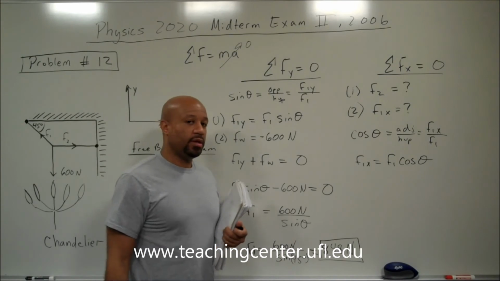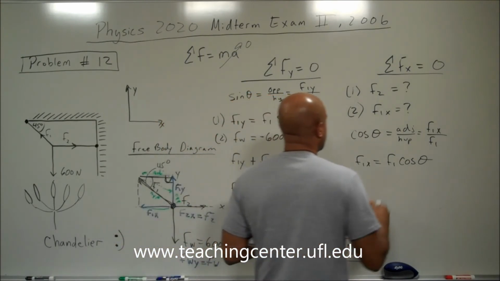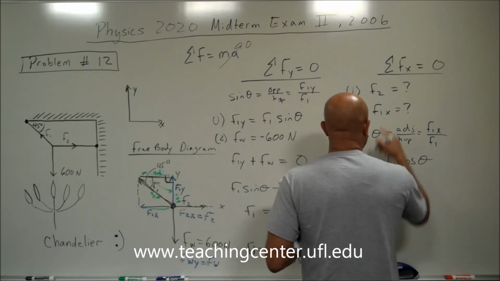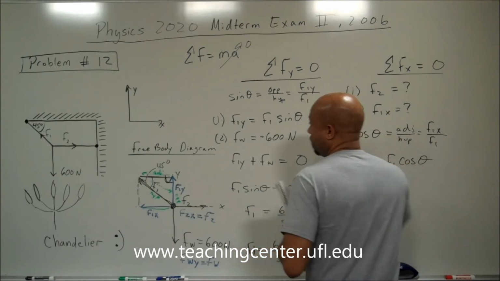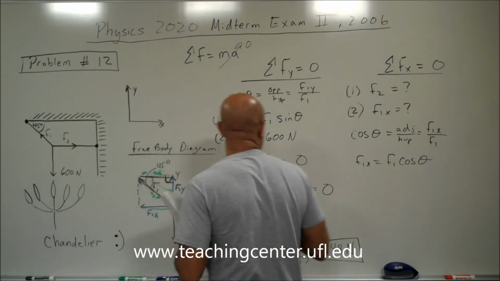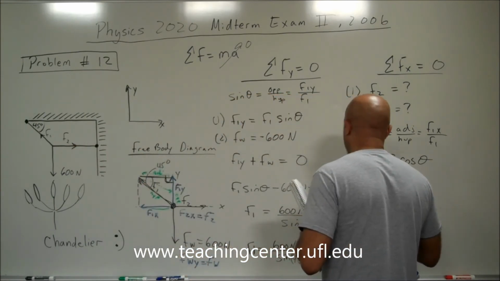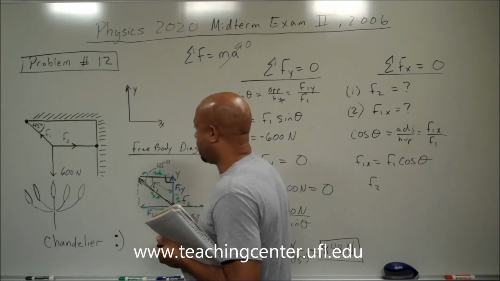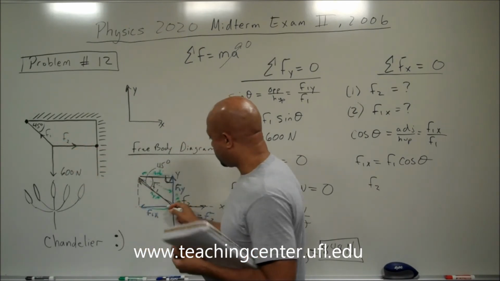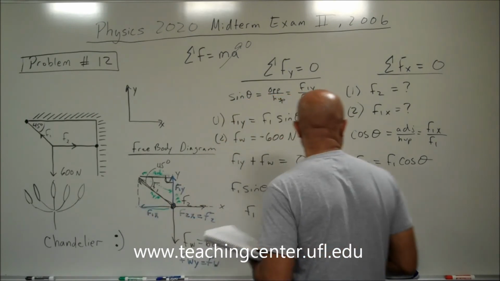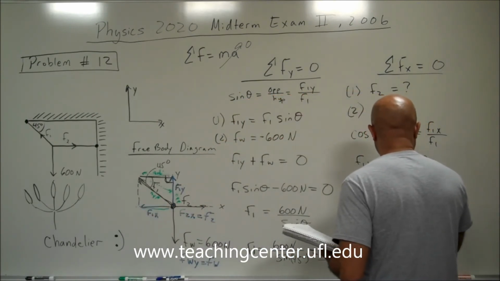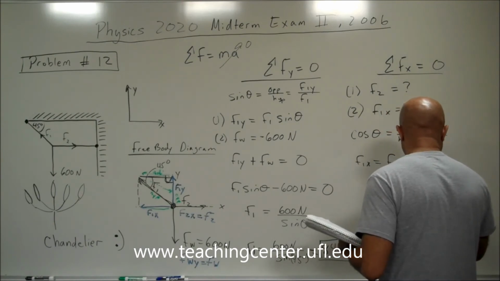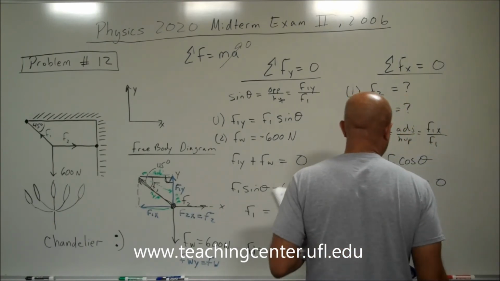Now, if we sum the forces, F2 is acting in the positive direction, and the x component of F1 is acting in the negative direction, so F2 minus F1x is equal to 0.